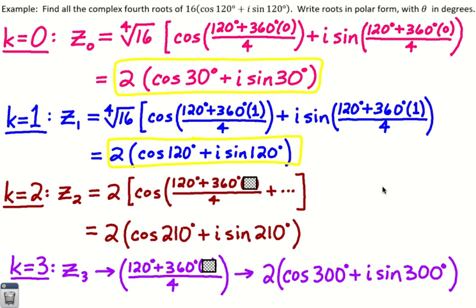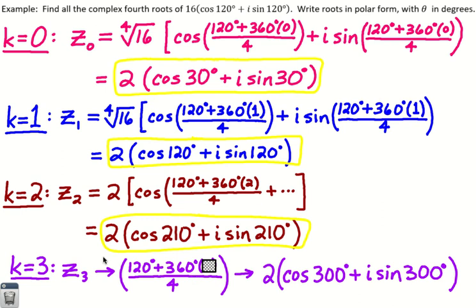Now, the only thing different is my k value is now going to be 2, and I'm just writing the same thing. All of this mathematics, 120 plus 360 times 2, all divided by 4, will get you 210. And so here is my third out of 4 complex fourth roots.